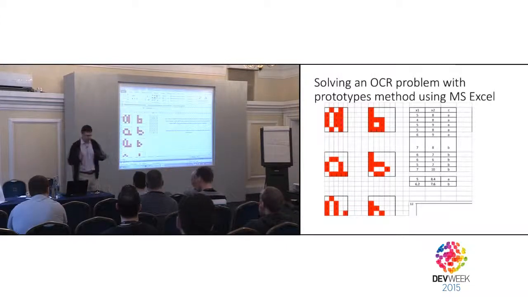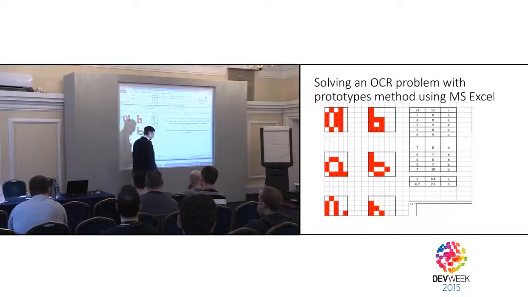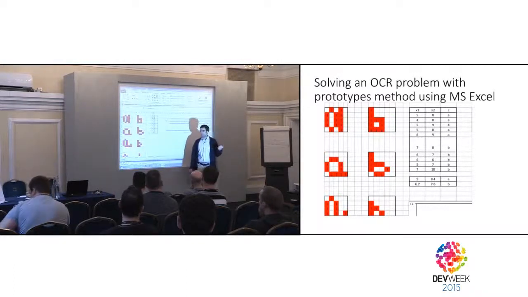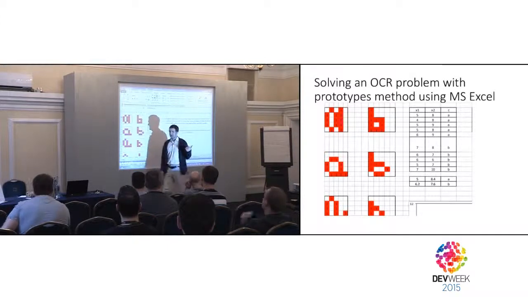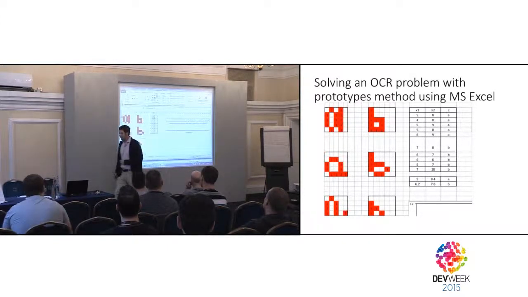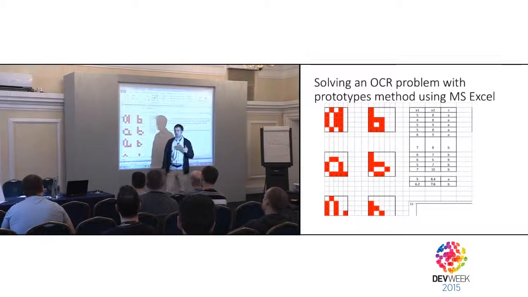That's a whole big area of artificial intelligence. For now, I can tell you that if you do it manually, you need to take features that you think can help the system to differ one object from another.